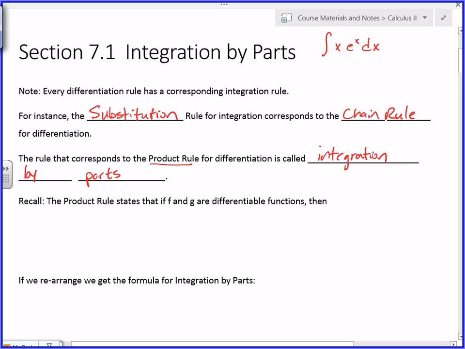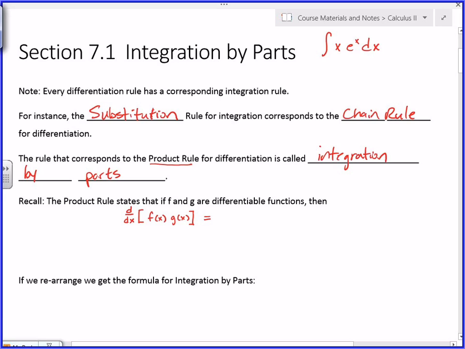Now, unlike the product rule, it doesn't give you a technique to integrate any kind of product. Just because you have a product of two functions doesn't mean we'll have a nice easy rule. But in certain cases, it will help us, and we'll walk through all those cases. So start with the product rule. The derivative of a function f of x times a function g of x is what?